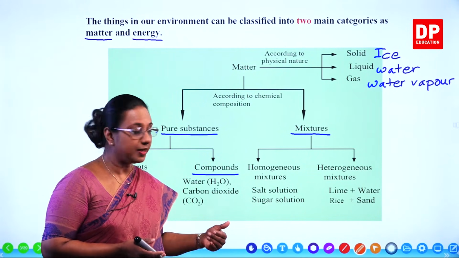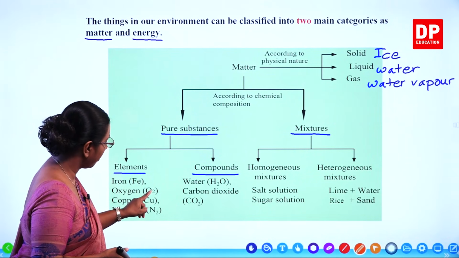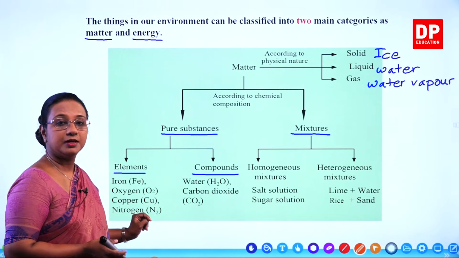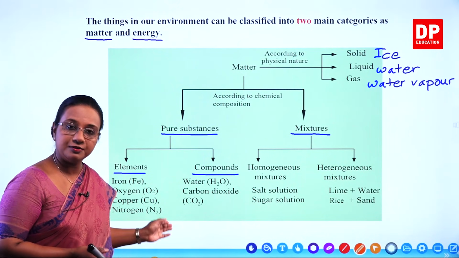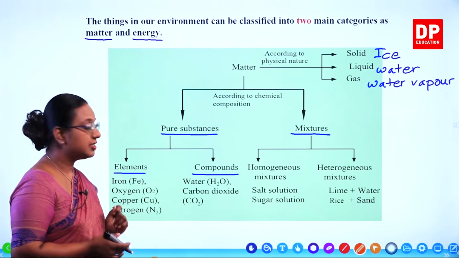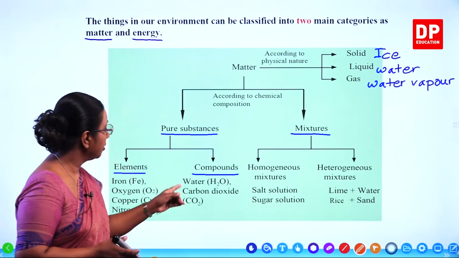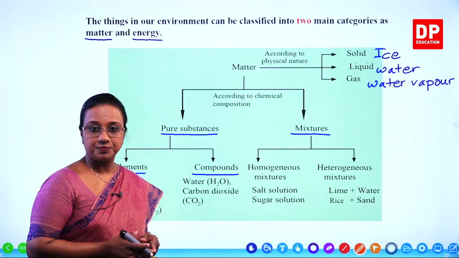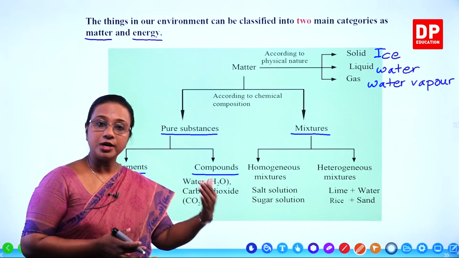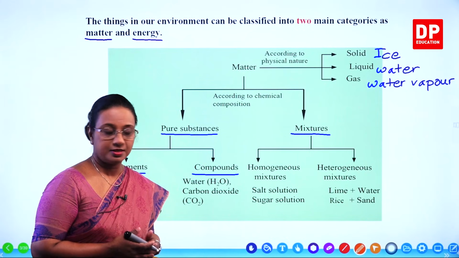For example, if we look at all the elements, we have iron, oxygen, copper and nitrogen. Those are a few examples. Out of these, if we take oxygen combining with hydrogen, we get water. The properties of water are different from hydrogen and oxygen.